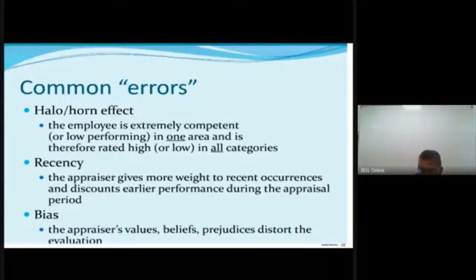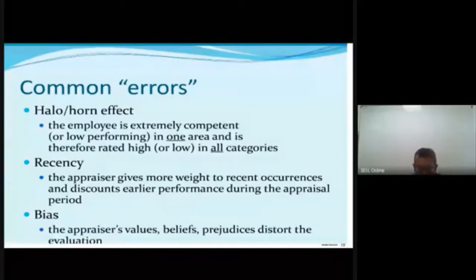Based on the good areas, he gives all other areas good marks also, despite the fact that you are not doing well in other areas. And that is halo. Suppose one area is bad, but in the others you are good, but the evaluator judges all other areas as bad. That is the horn effect. Halo means the good, horn is the bad.